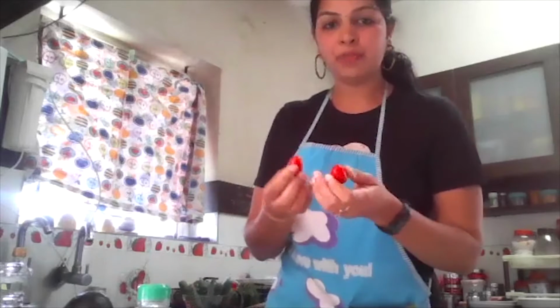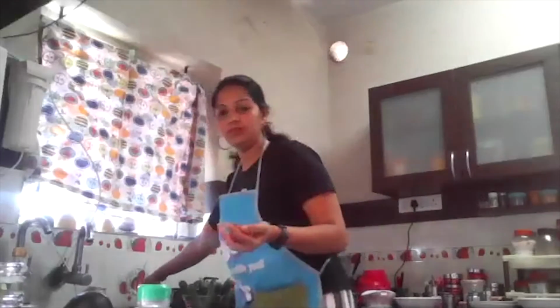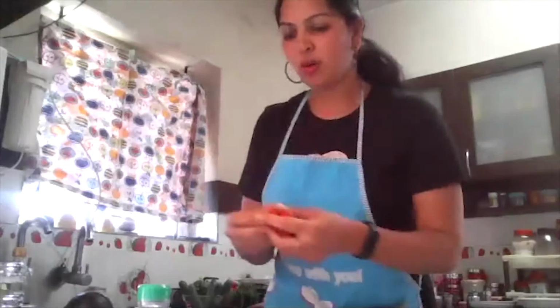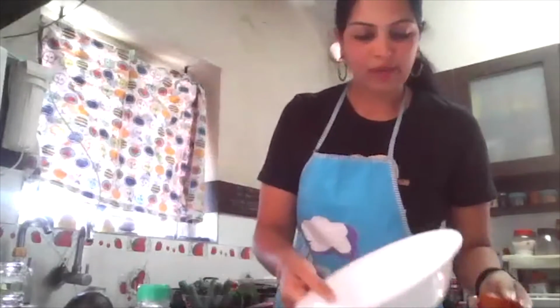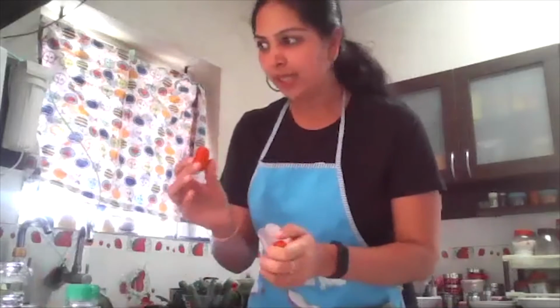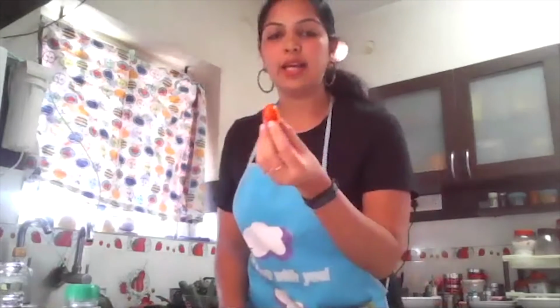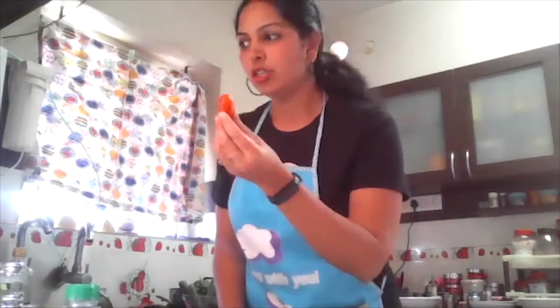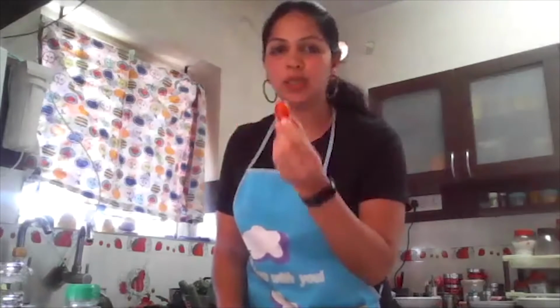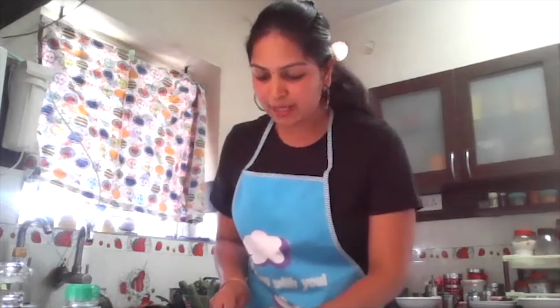Okay, so let us take 5 cherry tomatoes. I am taking 5 cherry tomatoes here. Let us chop them, not finely, because they are already small in size. So you just need to make it into 3 if it is a little big, or just make it into 2. Here I'm making it into 3 pieces.